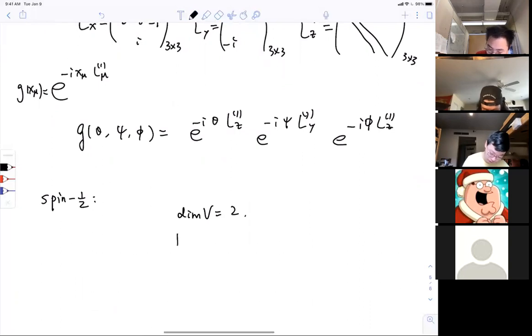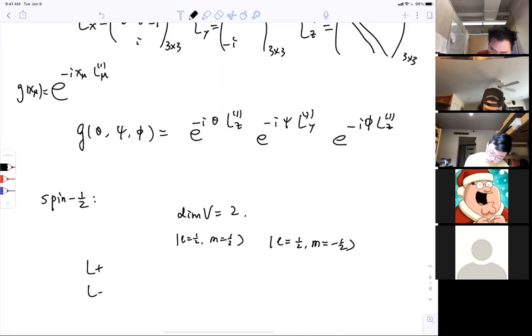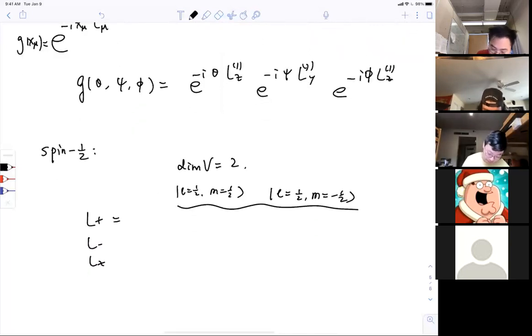The basis is L equal to 1/2, M equal to 1/2, and L equal to 1/2, M equal to minus 1/2. And similarly, we know how to act with L plus, L minus, and LZ on those bases. So we can write down the form, which is just the Pauli matrices up to a factor of 1/2.